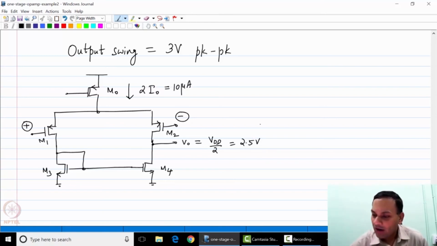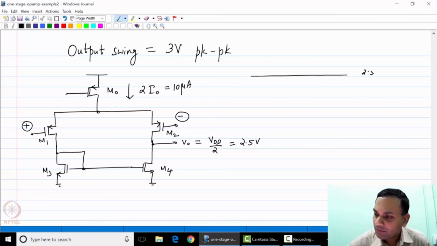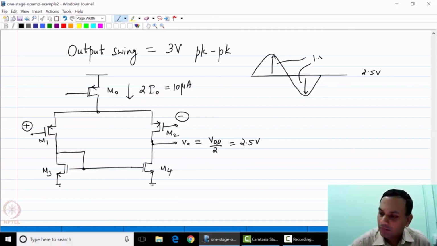Now on top of this 2.5 volts, we want a 3 volt peak to peak swing, which means the amplitude is 1.5 volts, and at that point the transistors on either side should just touch the triode region.